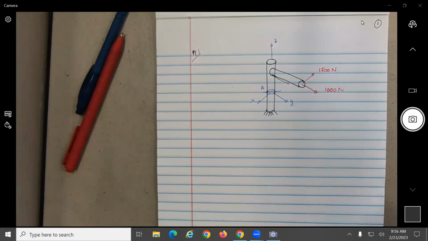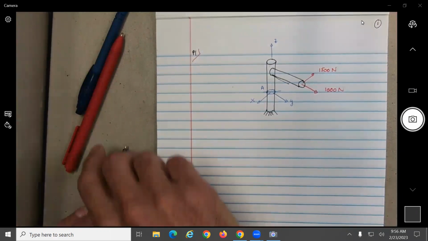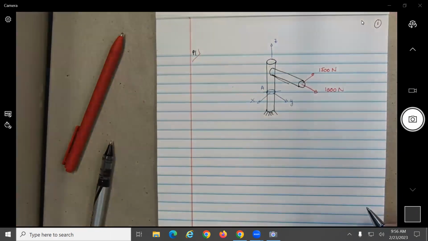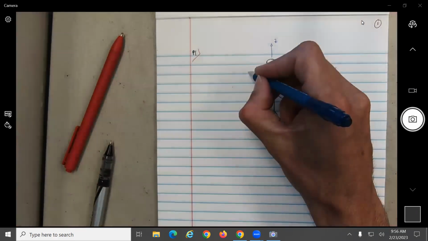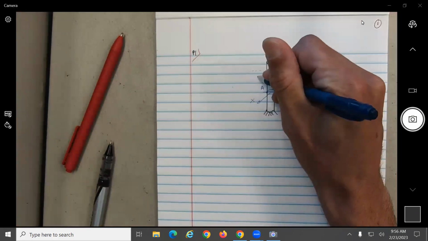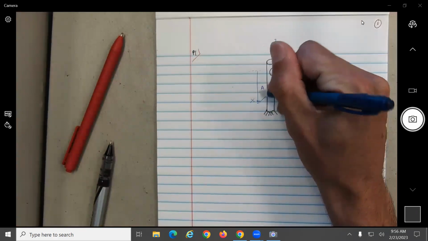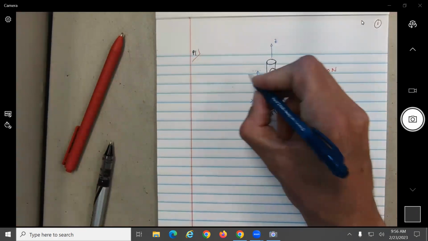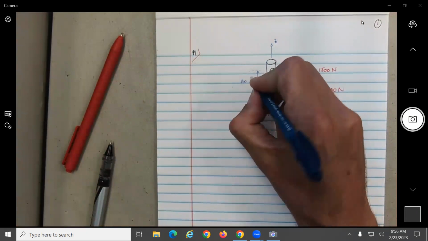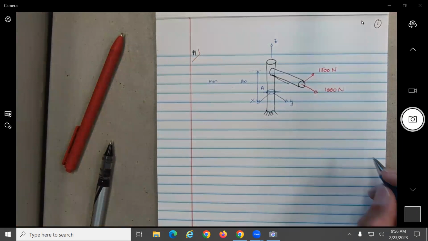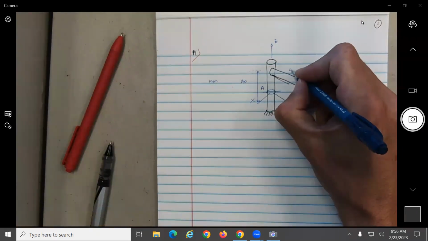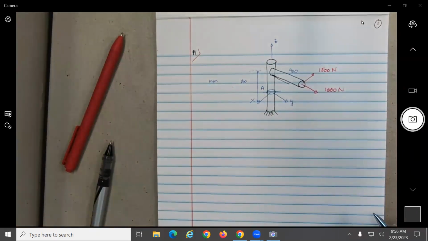And basically the question, and then I need the dimensions. So I'm guessing the distance between this point here and this axis was given to be 200. This is in millimeters. Then the length of this one is 400 millimeters.